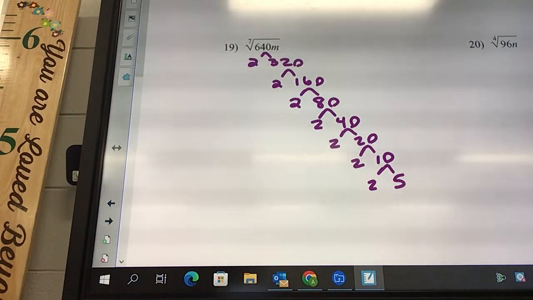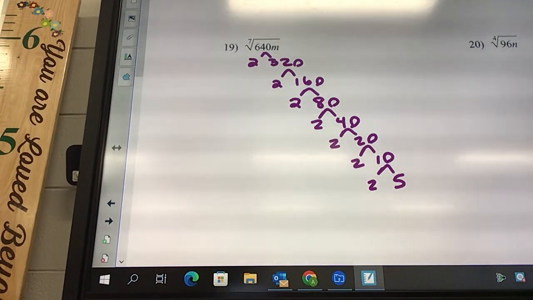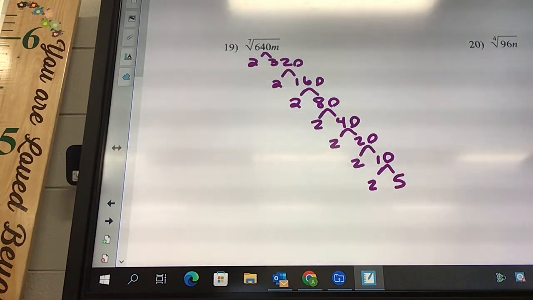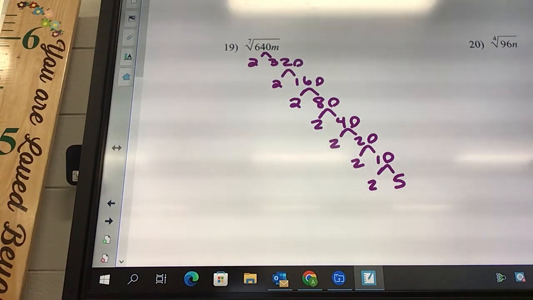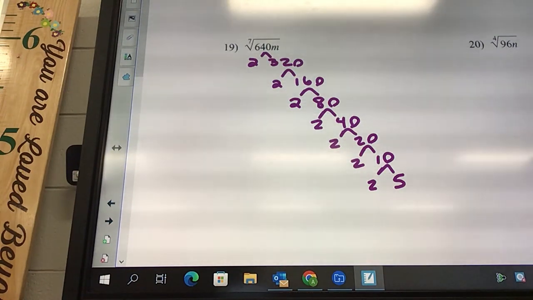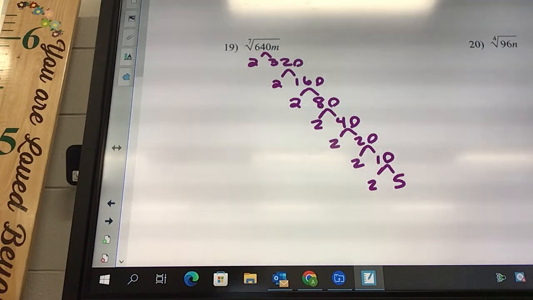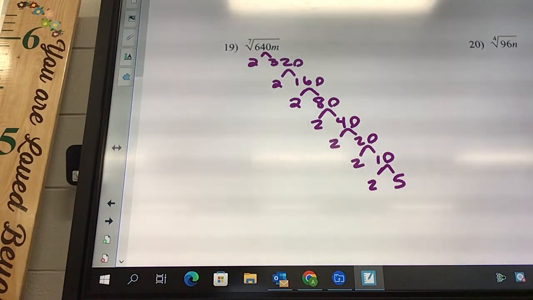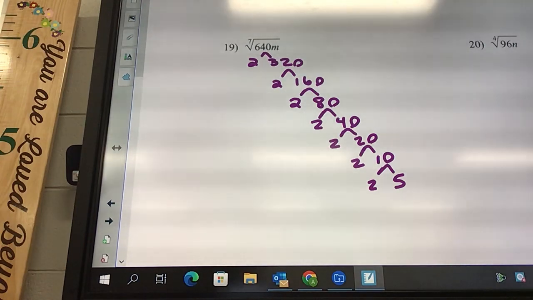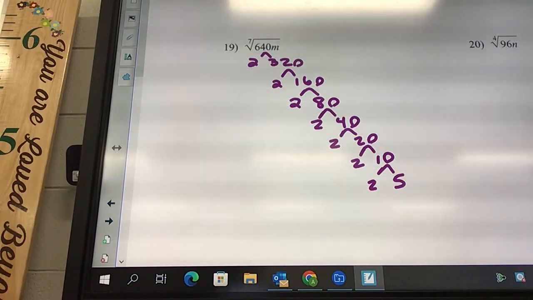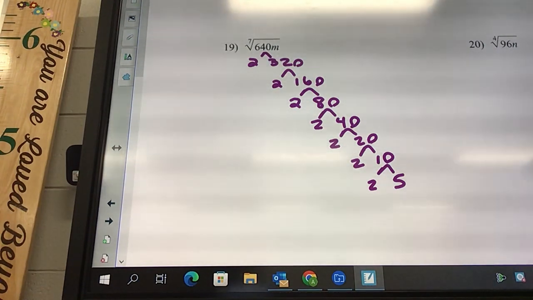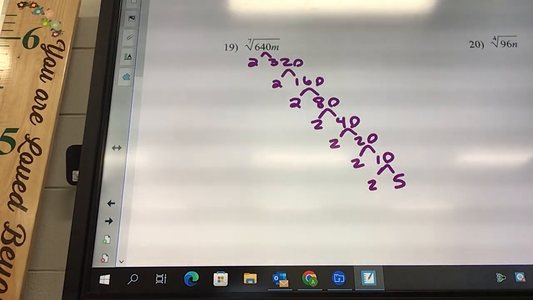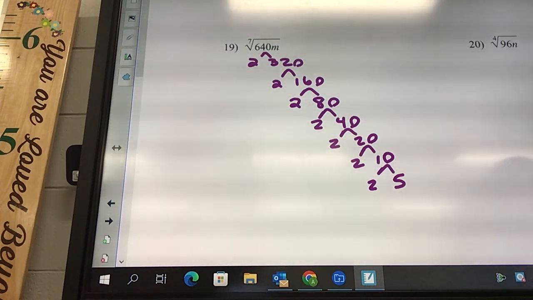If you can't go, if you got the 2, 3, 5, and 7. Okay, and those are prime numbers, which means the only thing that would divide into 2, 3, 5, or 7 is what? 1 and whatever it is itself. Okay, that's why it's a prime number.